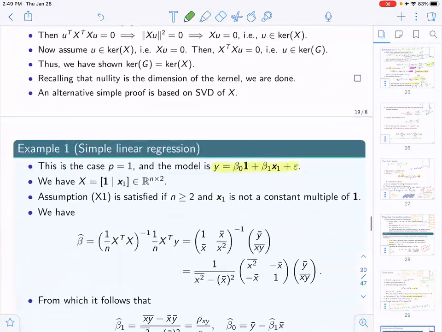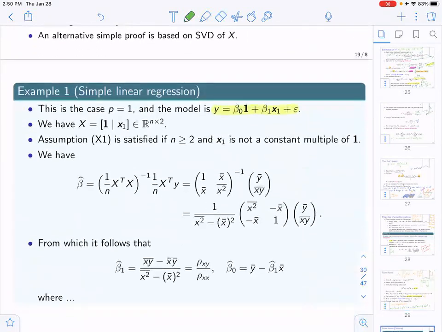There's an example here in the slides that works out some of these expressions for the case where you have just one covariate. This is sometimes called simple linear regression. You have an intercept, so your X matrix has a column of all ones, and then one extra column, which corresponds to a single covariate. So your design would be n by 2, and then all these expressions can be written down, and some of them simplified.